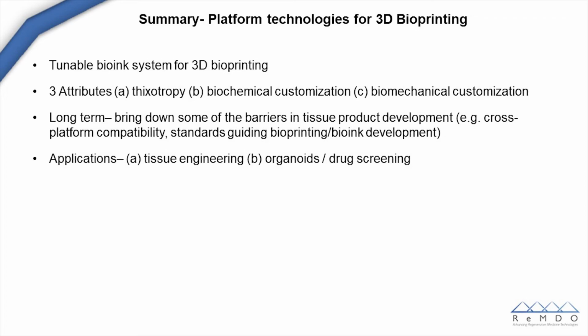In the later talks today, we'll talk about some of the applications of 3D bioprinting, and how this bioink system will help enable such things as tissue engineering and organoids for drug screening.